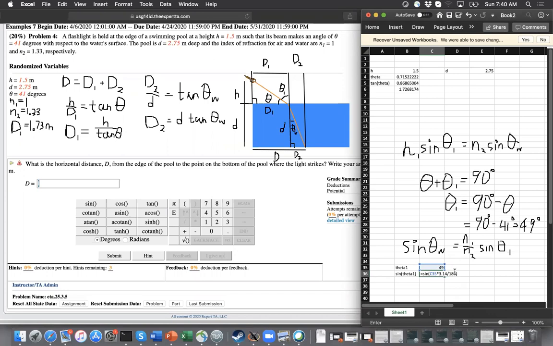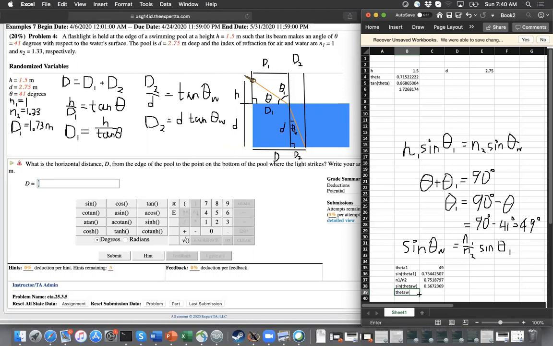Again, we have to convert to radians or else this doesn't work on Excel. Okay, that's 0.75. Now we can also get n1 over n2, which is the other thing we need. That's 1 over 1.33. And then we get sine theta w, which is just this times this. So sine of theta w is 0.567.